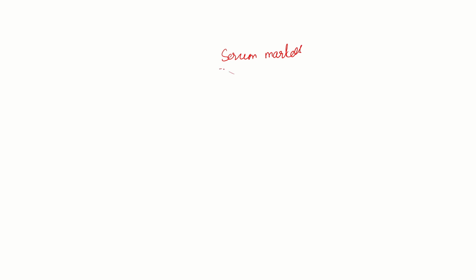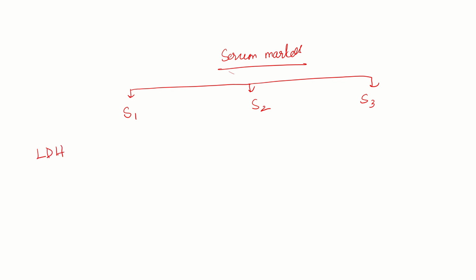Based on serum markers, they are divided into S1, S2 and S3. LDH, AFP, beta HCG. LDH is less than 1.5 times upper normal limit, 1.5 to 10 times the upper normal limit, and more than 10 times the upper normal limit.